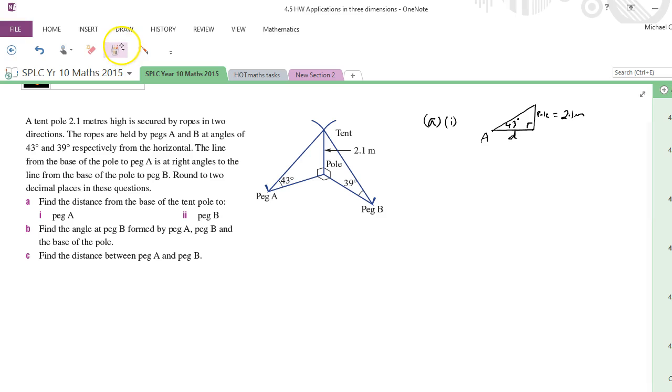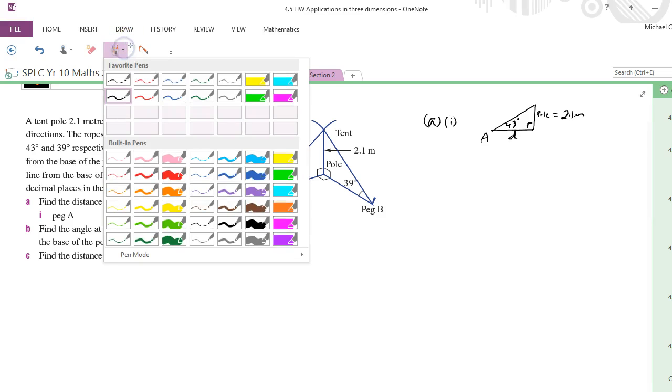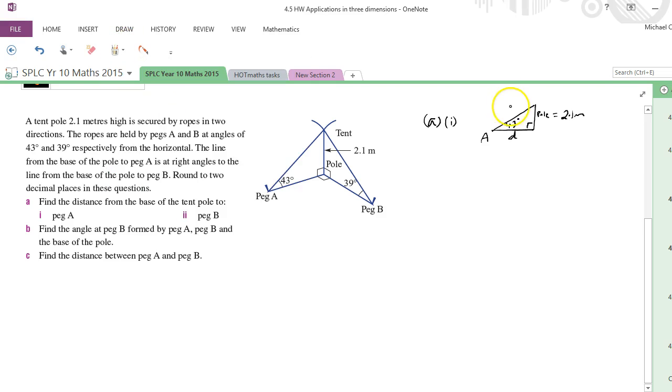Before we can solve these questions, what do we have to do? We need to label our triangle. Hypotenuse from the known angle, this is the opposite side, and that's the adjacent. So I need the opposite and adjacent. Recall from SOHCAHTOA, that we must need opposite and adjacent for this one.